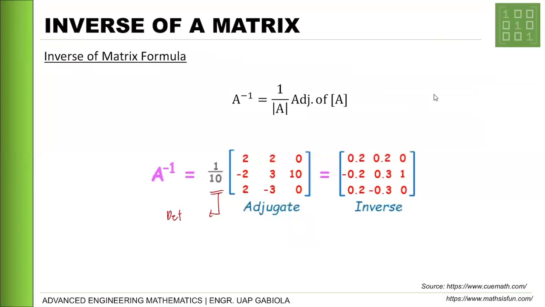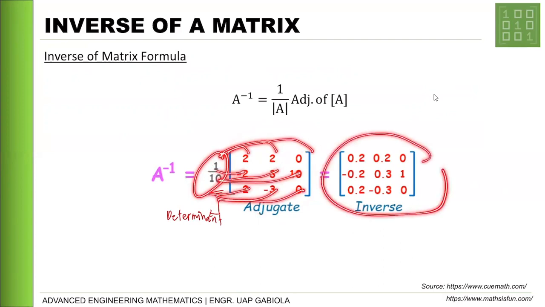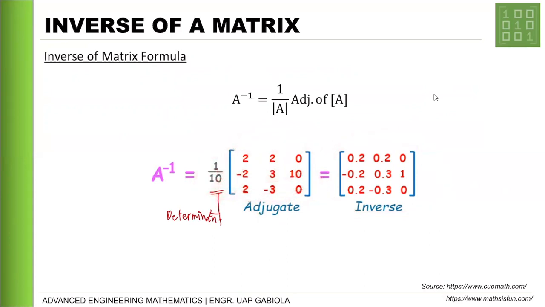So, given example niya, no? And then, ito yung na-compute natin na adjoint o adjugate. And then, pag pinag-multiply natin yan, di ba pag may scalar tayo, multiply lang natin isa-isa sa lahat ng entries natin. So, kaya meron tayong values na to. Okay? So, yun na yung inverse ng matrix natin.